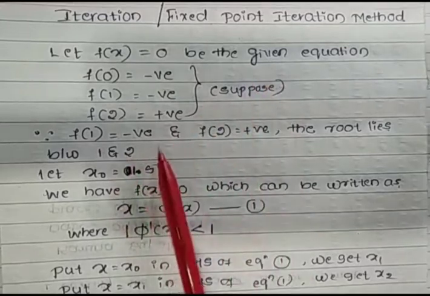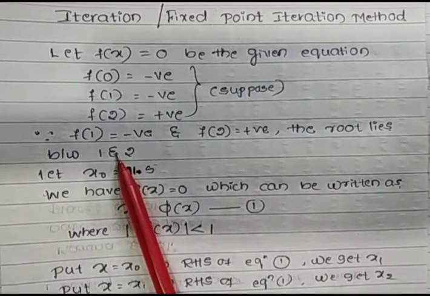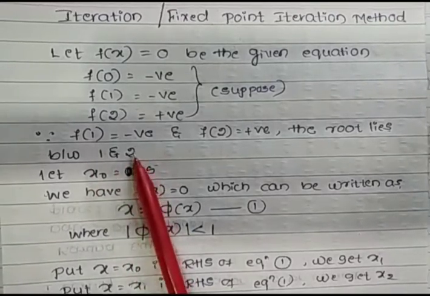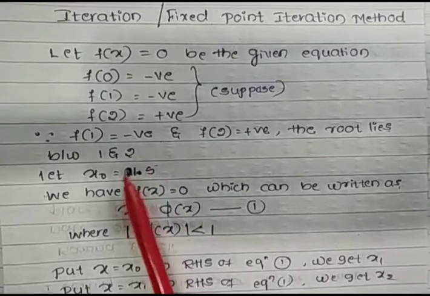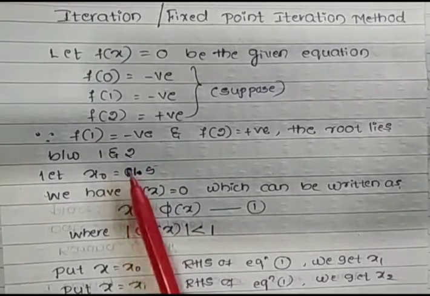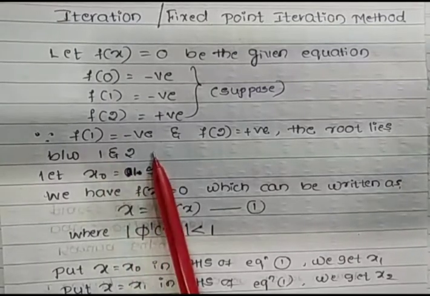But here in the iteration method, we have to consider any one approximation which lies between 1 and 2. So let us consider the first approximation, that is x naught, as 1.5, because 1.5 lies between 1 and 2.